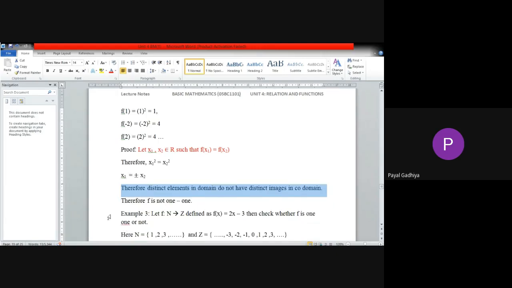Okay, then the next example you do on your own. This function is given to you, which is 2x minus 3. Check whether this function is one-one or not, and tell me.